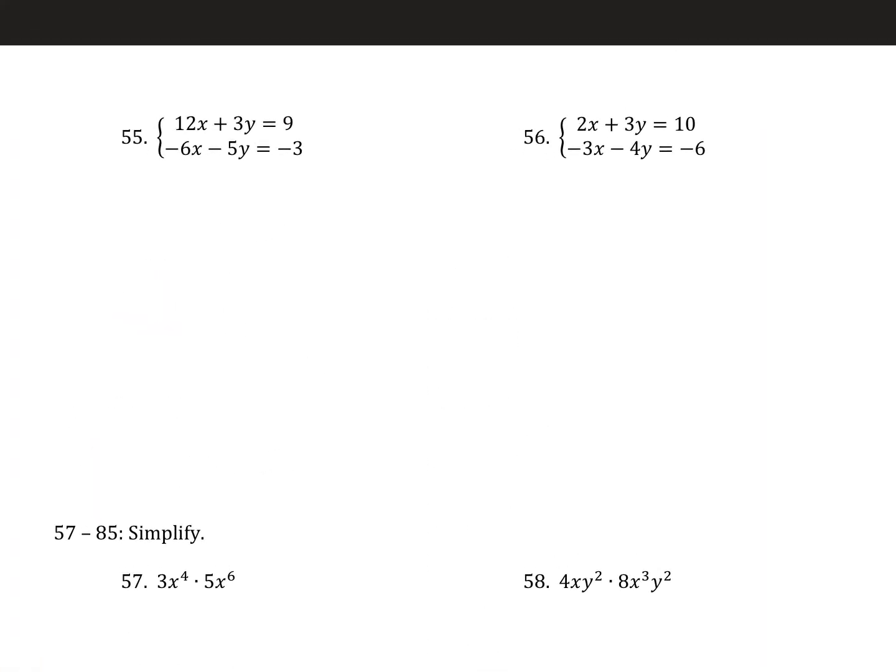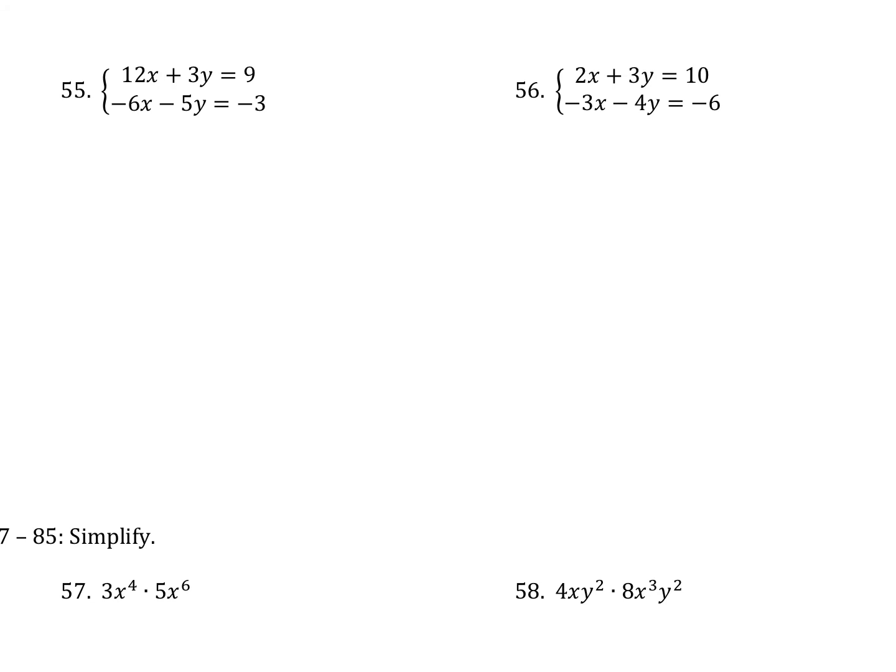For 55, we have 12x plus 3y is equal to 9, and negative 6x minus 5y is equal to negative 3. We're going to multiply the bottom of this equation by 2 in order to get our x's to be opposites. So the top doesn't change. We're just going to rewrite it. The bottom becomes negative 12x minus 10y is equal to negative 6.